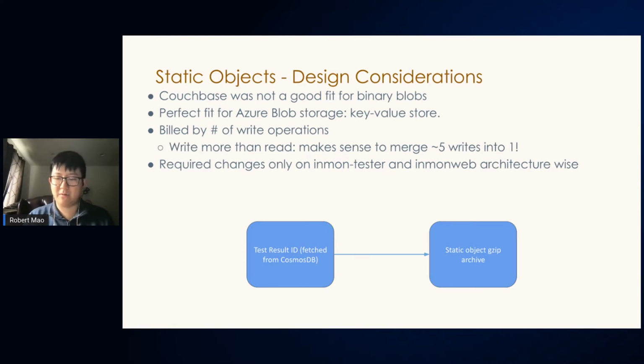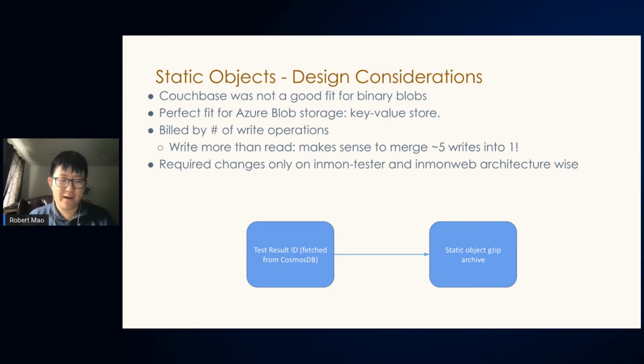Previously, with Couchbase, we would store each of these things individually, but with Blob Storage, we chose to store all of them at once, merging 5 or so writes into one to save on cost for us. And when reading, like when you click on the button for screenshot, when you click on the button for response header, behind the scenes, the UI will then pull the entire gzip archive. It will then unzip on the fly and dump the individual object we're looking for.